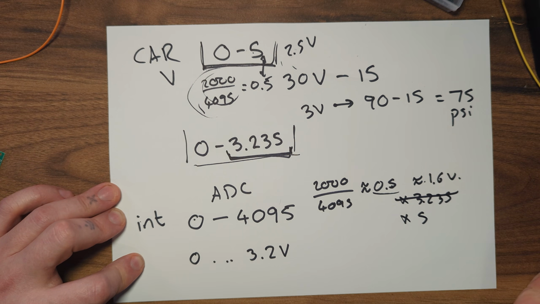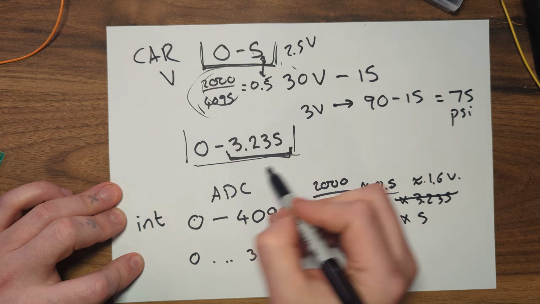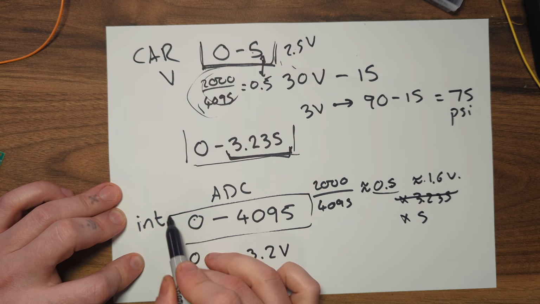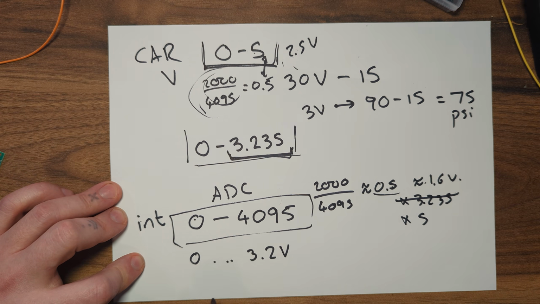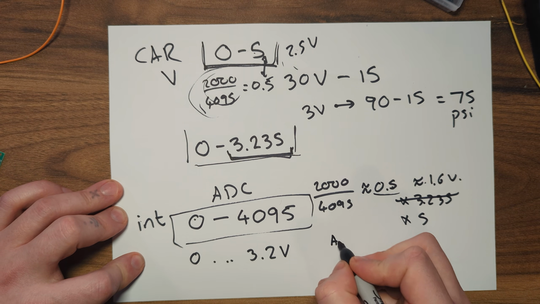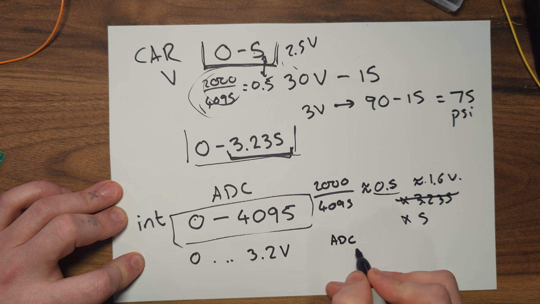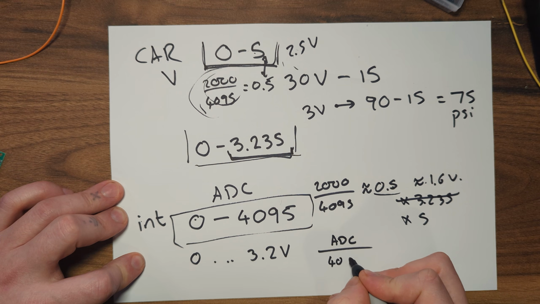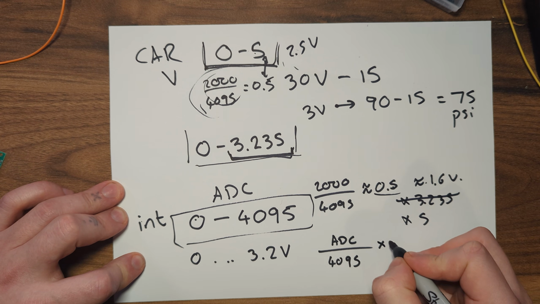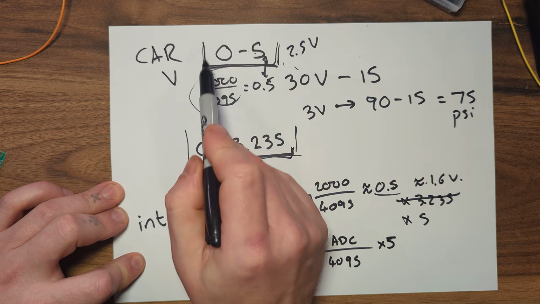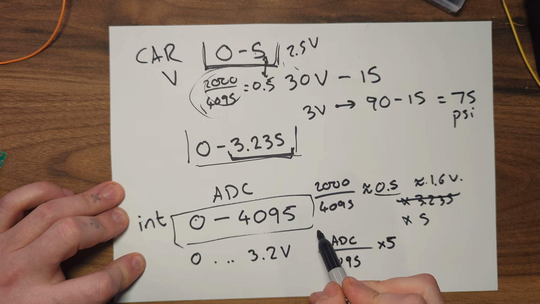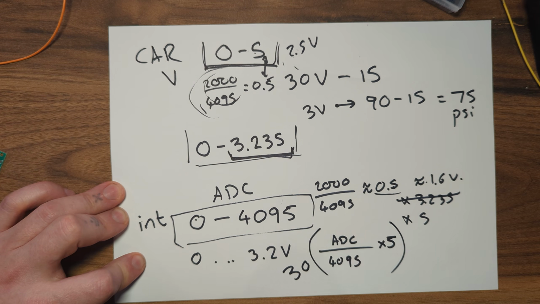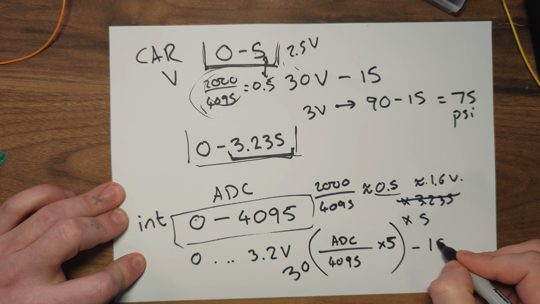So our final formula to go from what is read on pin 32, what number is being read by the ADC in this 0 to 4095 format, is the ADC value, divided by 4095, times by 5, which will put us into the scale which the car originally uses, and all of that times by 30, and then minus 15.